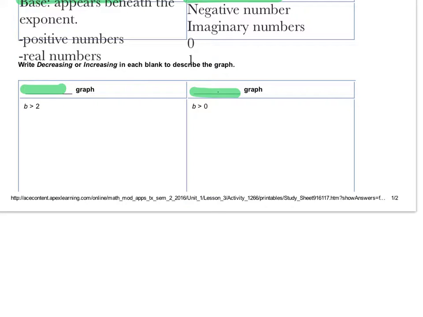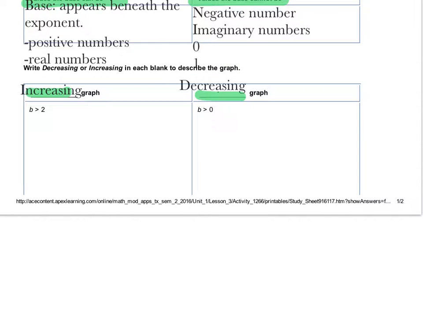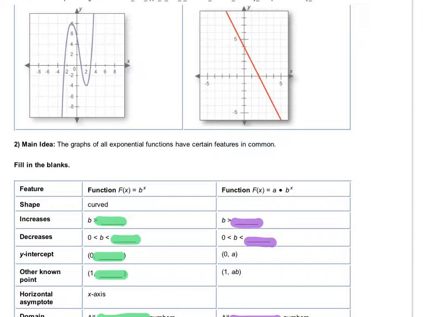Okay, so write decreasing or increasing in each blank to describe the graph. So if B, the base value, is greater than 1, then it is increasing. And if it's greater than 0 but less than 1, then it's decreasing. Look at the graph on the next page to make it make a little bit more sense. Now remember, when we look at graphs, we read them going from left to right.